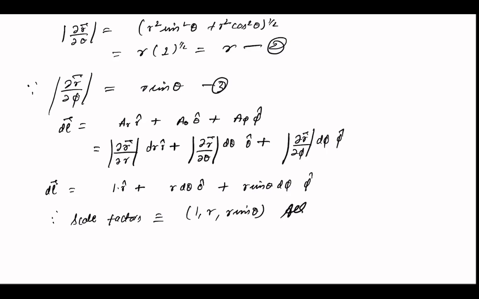We can also solve it in another way using the metric tensor form. We know that the square of the line element, dl square, is given by g11 dx1 whole square plus g22 dx2 whole square plus g33 dx3 whole square, and so on and so forth. Now in our case, these dx1, dx2, dx3 are different dimensions, different basis vectors.